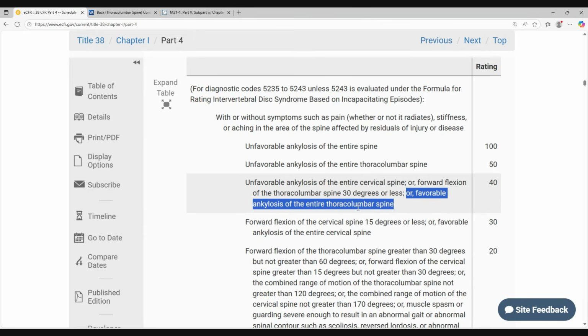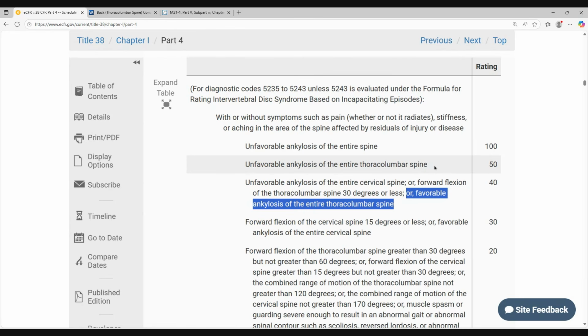And the favorable just literally means that your spine is fused, but it's fused in an optimal way. It's not like you're trying to bend over and touch your toes and that's where your back fuses. That would be unfavorable ankylosis. And then we have unfavorable ankylosis of the entire thoracolumbar spine.